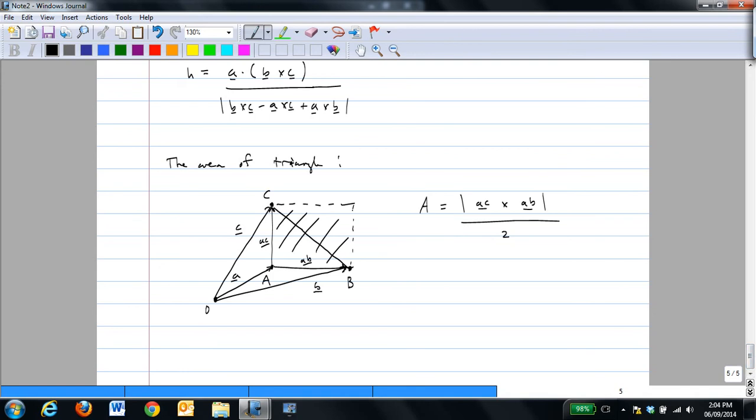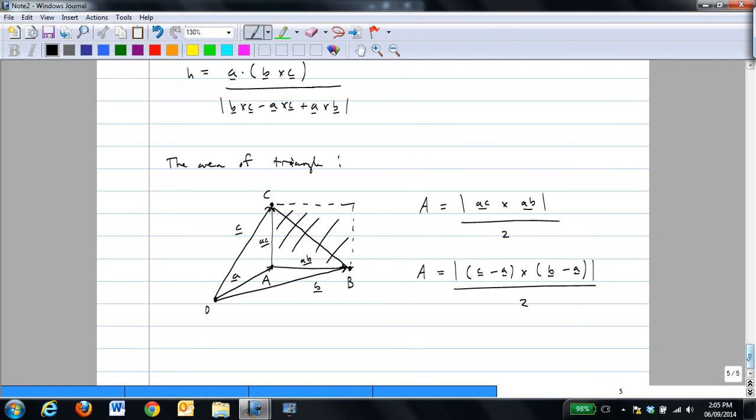Written in the form of the vectors that are given, we get c minus a cross b minus a, divided by 2, and this will be the area of that triangle.